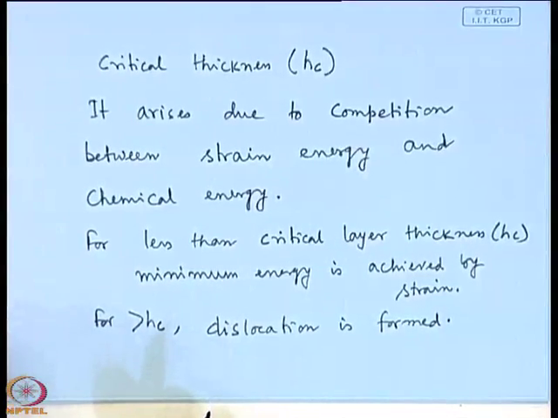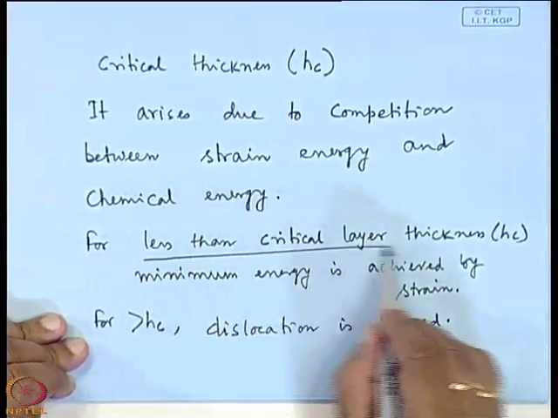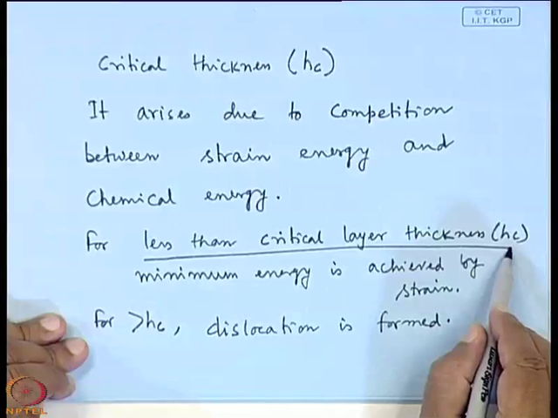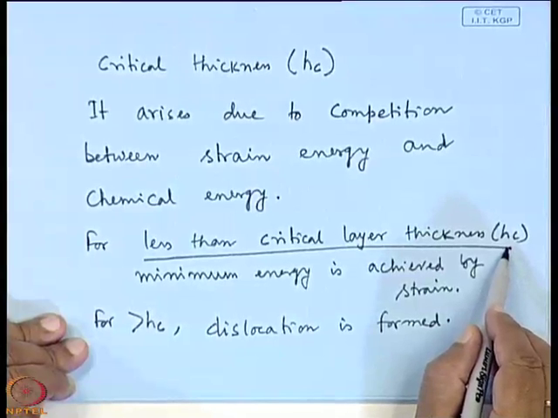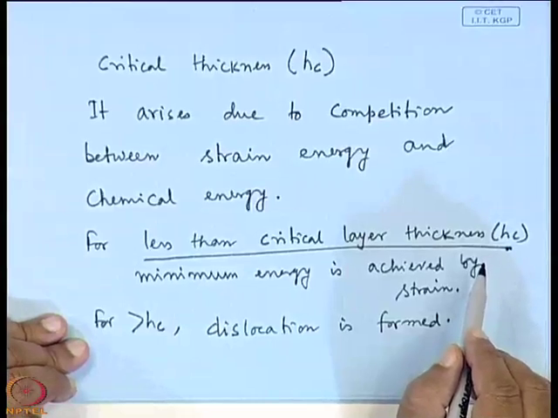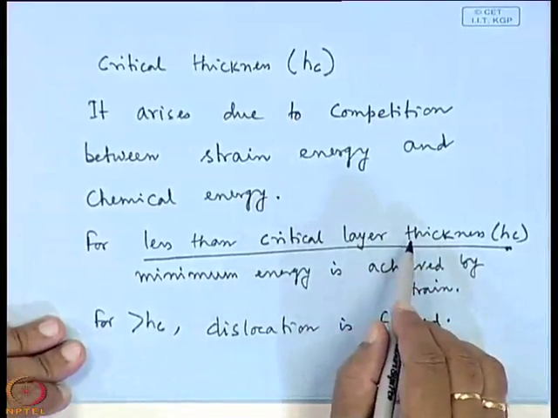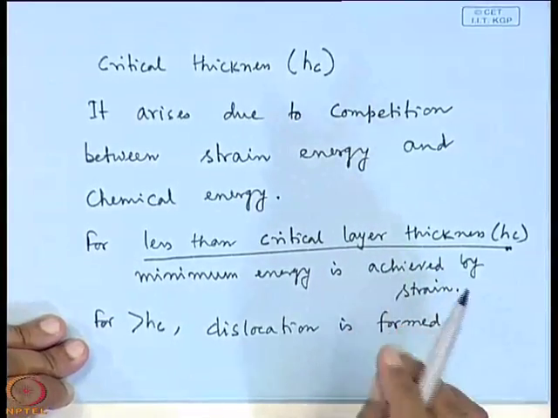So, we can say that less than the critical layer thickness, there will be no dislocation, okay? And the critical thickness is very small. It may be some order of nanometer, 4 nanometer, 3 nanometer, and growing that thin a layer is very difficult in any system.